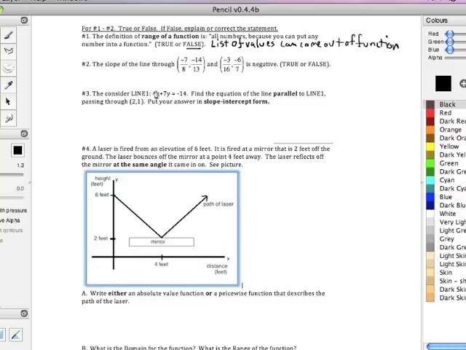The slope of the line through (-7/8, -14/13) and (-3/16, -6/7) is negative. Is this true or false? Well, let's look at the change in y. Right? So did y go up or down from -14/13 to -6/7?